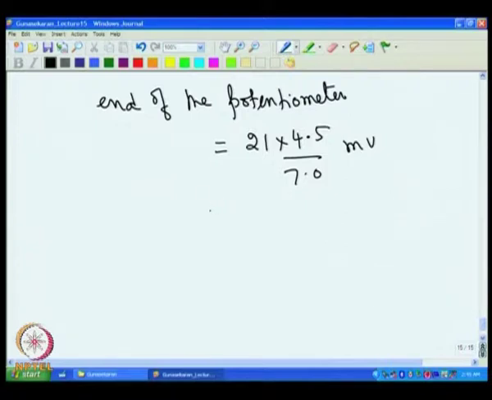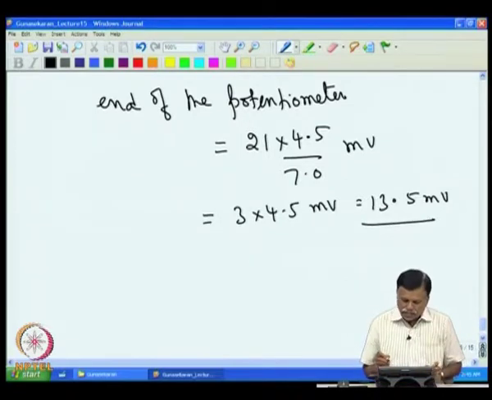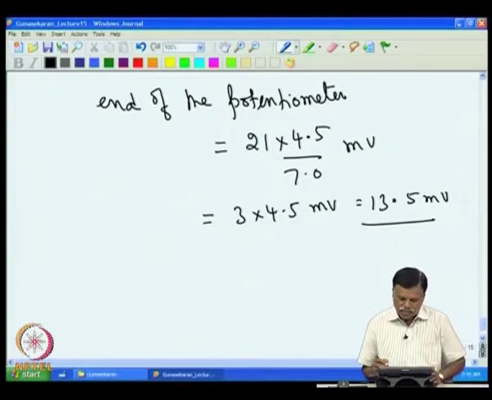If you calculate this, that actually comes to 3 into 4.5 millivolt, that is equal to 13.5 millivolt. We will have 13.5 millivolt change expected at the top end of the potentiometer.